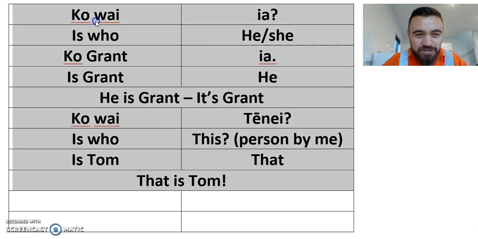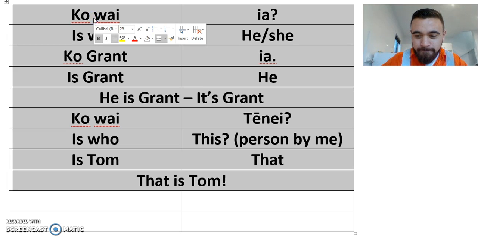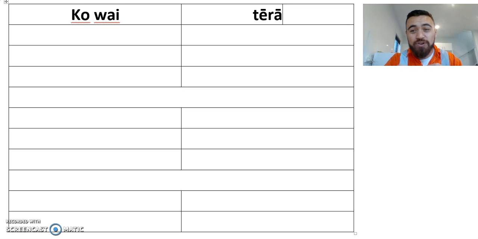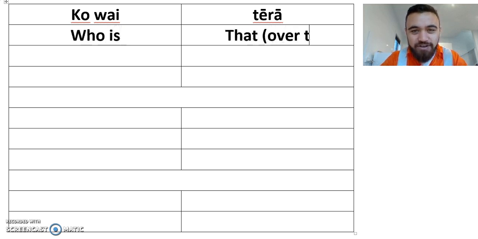We might use KO WAI tērā, which means if you and I are talking, we want to know who that person is way over there. We might see someone on the other side of the street. So KO WAI tērā. Who is that over there?